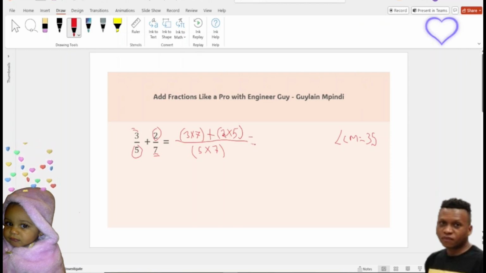Equal, so let me, okay, so 5 times 7 equal what? 25.